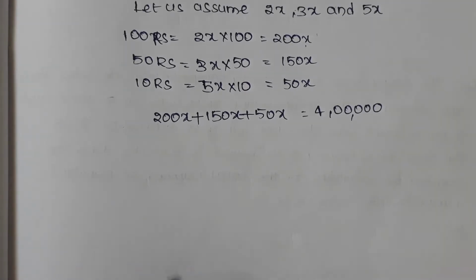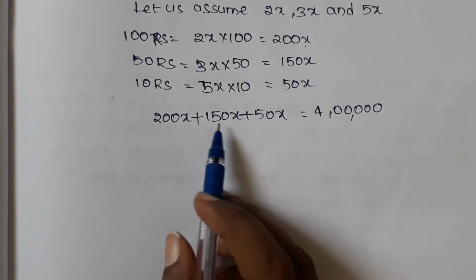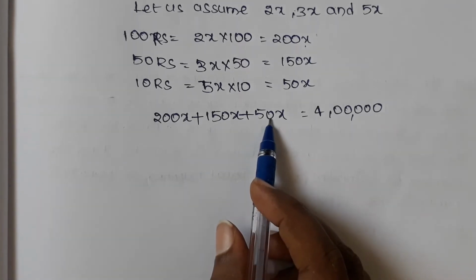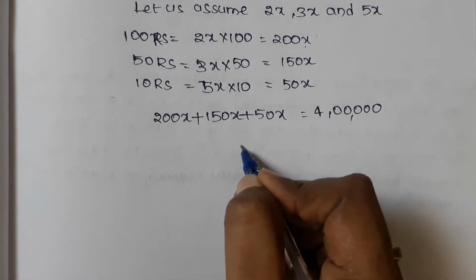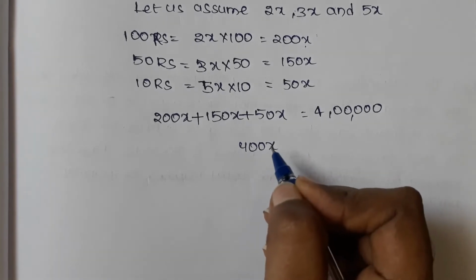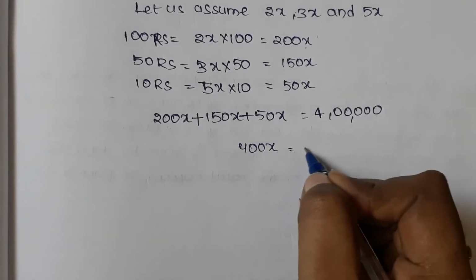Now let us add 200x plus 150x plus 50x equals 400x, that equals 4 lakh.